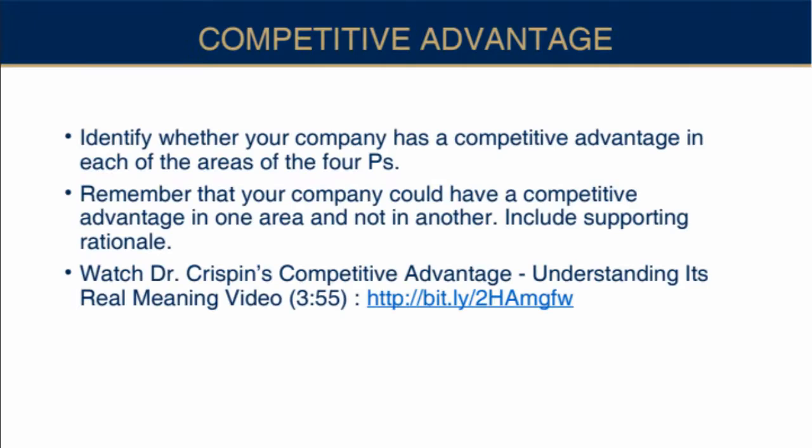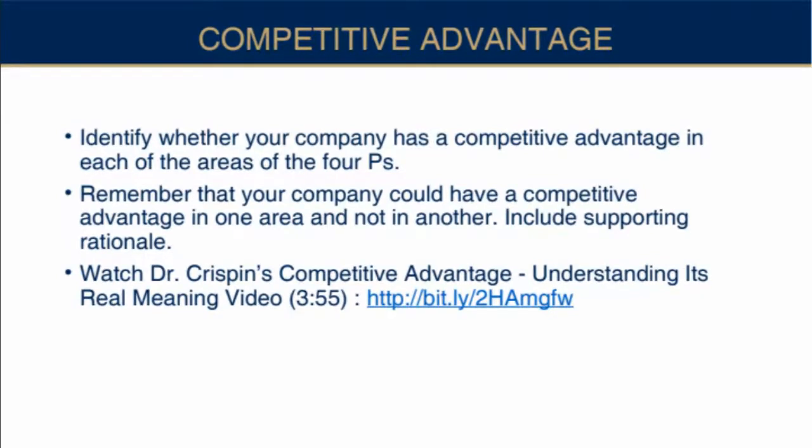Competitive advantage is one of 3 things. Is it cheaper, faster, or of higher value? Period. Now, a company has at least one competitive advantage of it being cheaper, faster, or of higher quality. It has one of those. Some companies have 2.